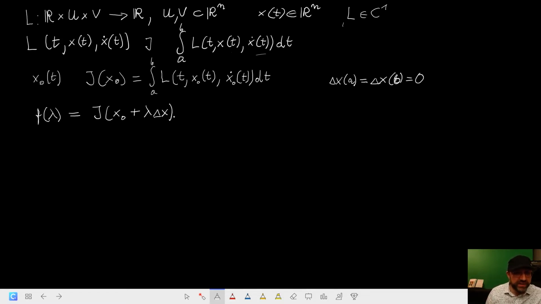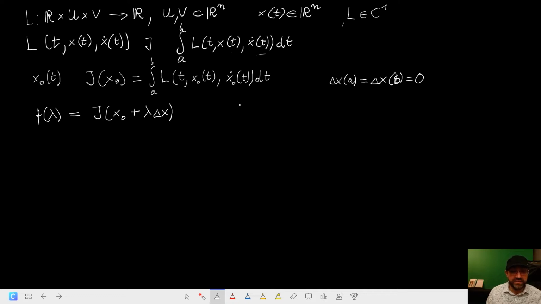I will just assume it is good enough for us to do a certain assumption. So if that's the case, and x0 extremizes J, then obviously f will have an extremum in 0.